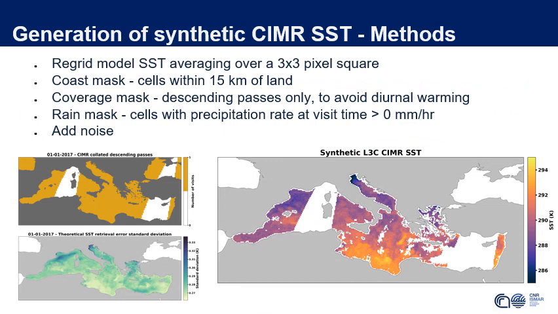First, the model SST is regridded in order to mimic the expected CIMR SST resolution. Then we applied coast, coverage, and rain masks to the data. And finally, we added noise. Concerning the coverage mask, for now we excluded diurnal passages to avoid diurnal warming effects.